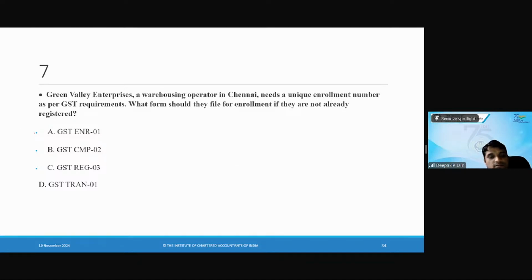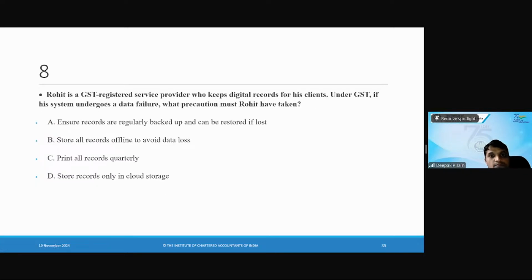Simple. 8, 1A. Ensure records are regularly backed up and can be restored if lost.